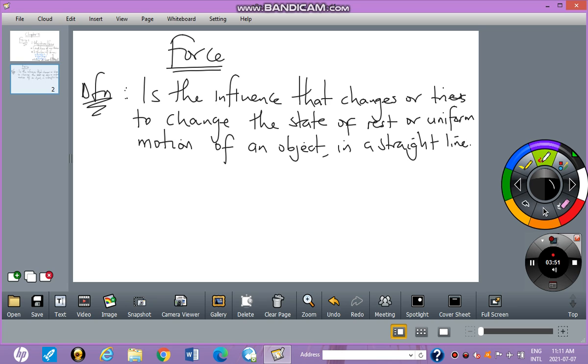So we are saying the influence that tries to change the state of rest or uniform motion of an object, but in a straight line.